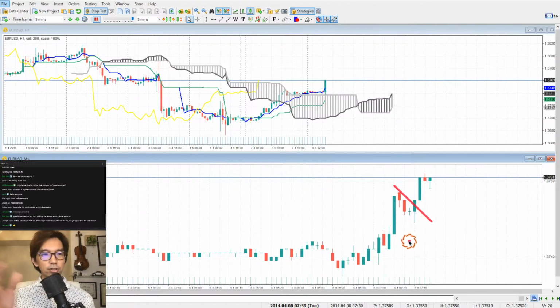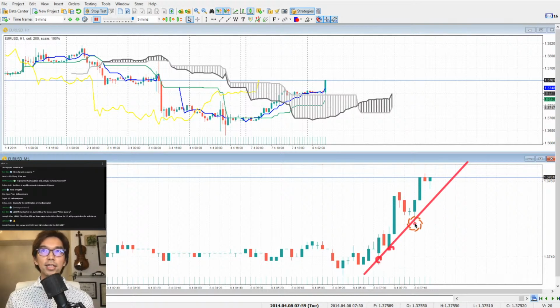So counter trend line is actually a trend line that you can draw on the opposite side and expect the breakout. So usually a trend line, you draw it this way, right? This is a typical trend line. You look for at least 3 points for its bounce, and you connect the dots, and this is a trend line.